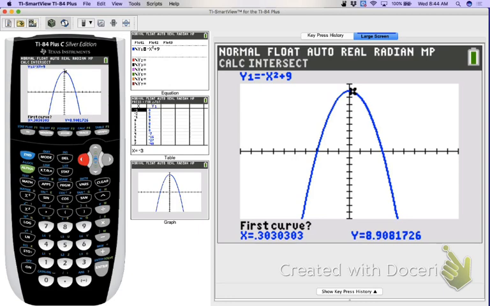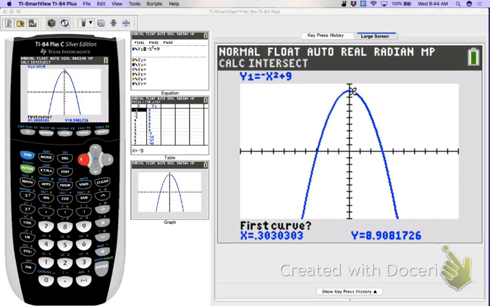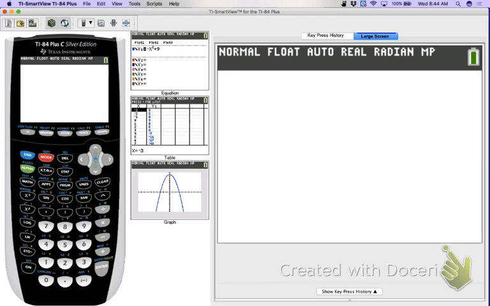But say if we drew a line, you could figure out where they actually intersect. Okay, so it knows where your first and your second curves are. But there's a lot of things that you can do with this that will definitely help in the long run.